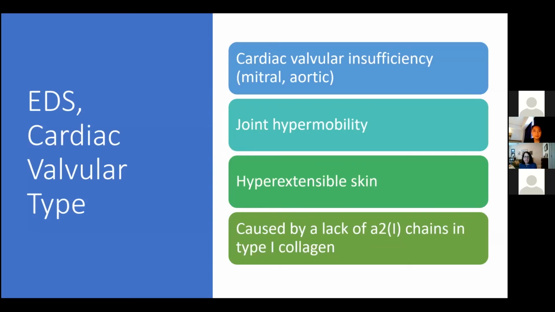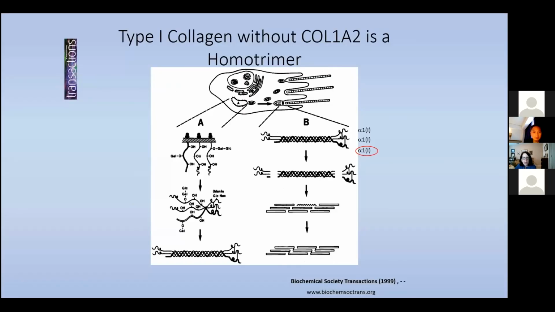The cardiac valvular type is characterized by cardiac valvular insufficiency. The mitral and aortic valves can be affected and require surgical correction. Patients have joint hypermobility and hyperextensible skin, and this condition is caused by a lack of alpha-2 chains in type 1 collagen.